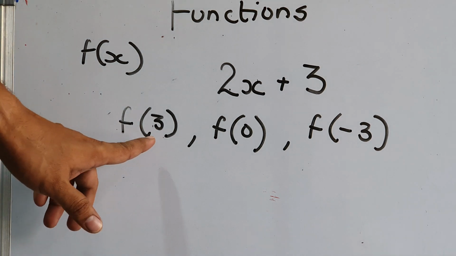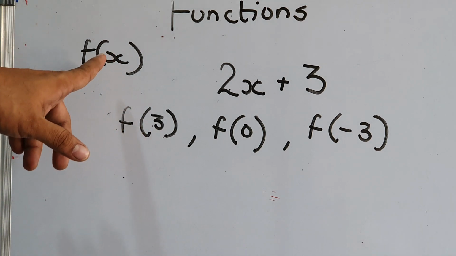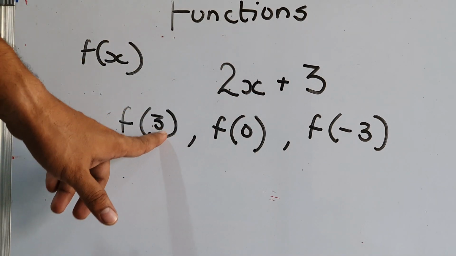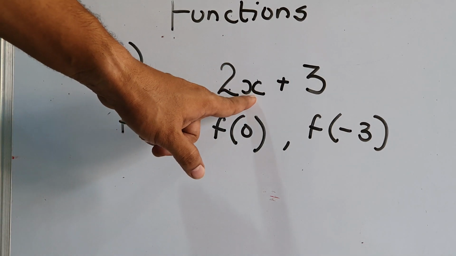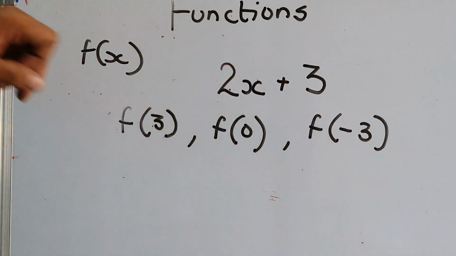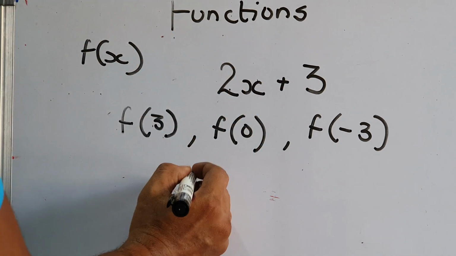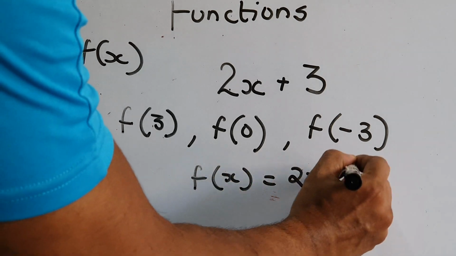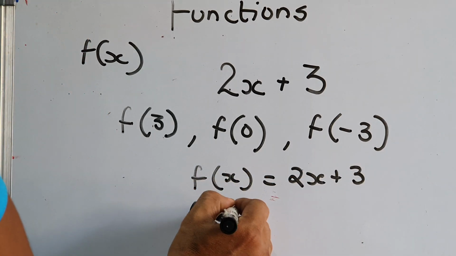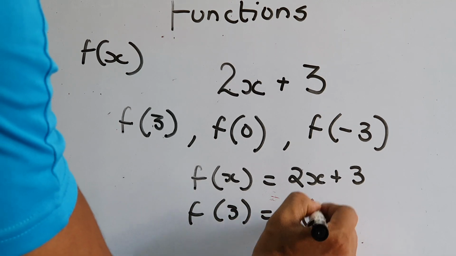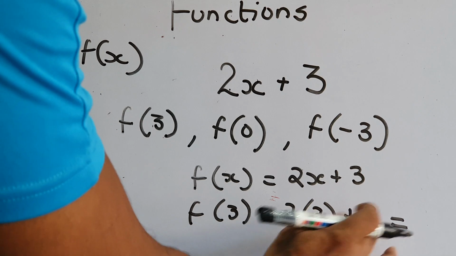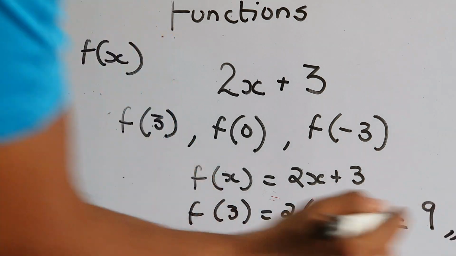Because f(x) is equal to 2x plus 3, if I want to find f of 3, I will substitute x as 3 and solve. So f(3) is equal to 2(3) plus 3. 2 threes are 6 plus 3, my answer is 9.